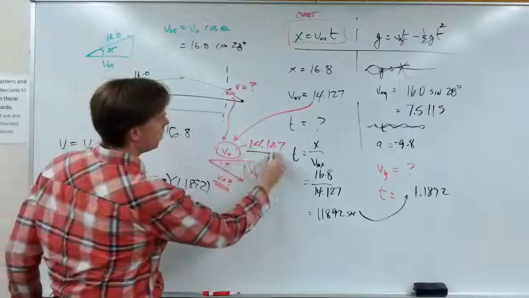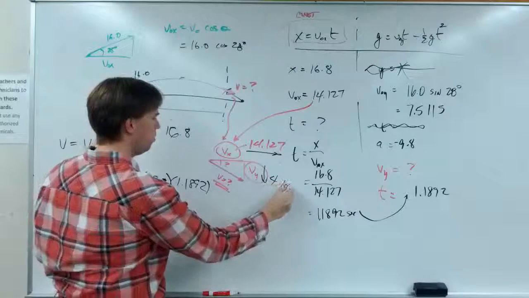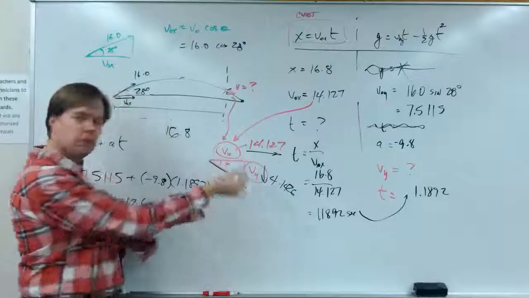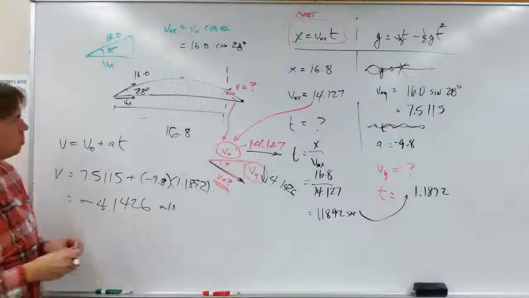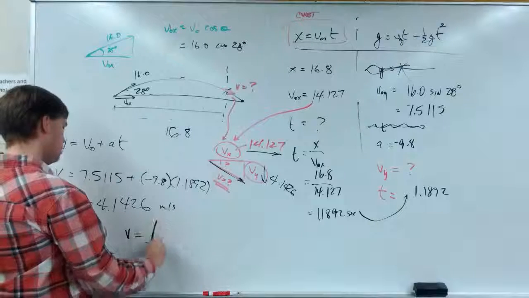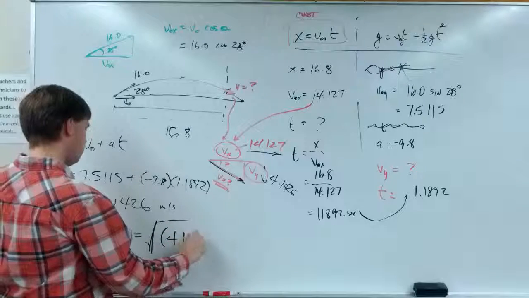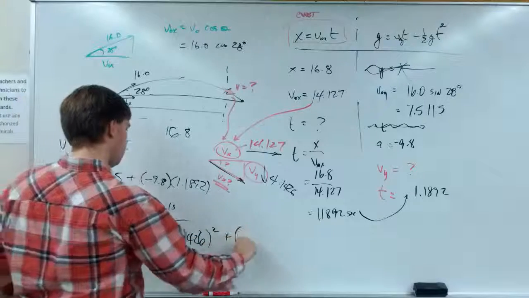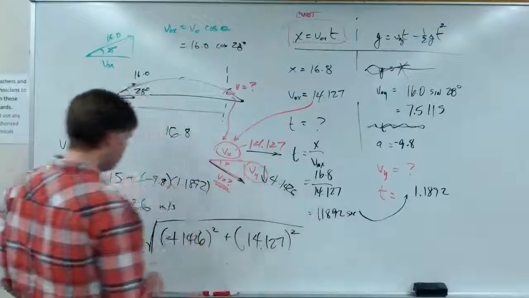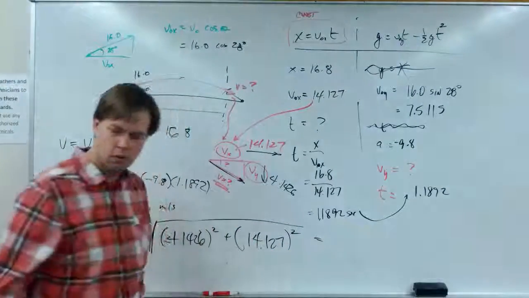So this is going across at 14.1 meters per second, and it's going down 4.1426 meters per second. So how do I figure out the total? This is Pythagorean theorem. This comes into play here. So the final velocity in this case is the square root of that stuff, right? And that gets the final answer, hopefully.